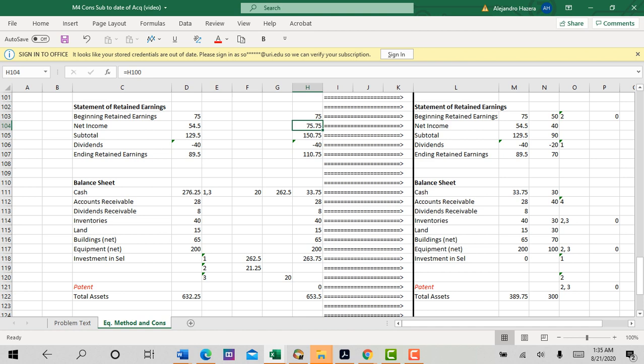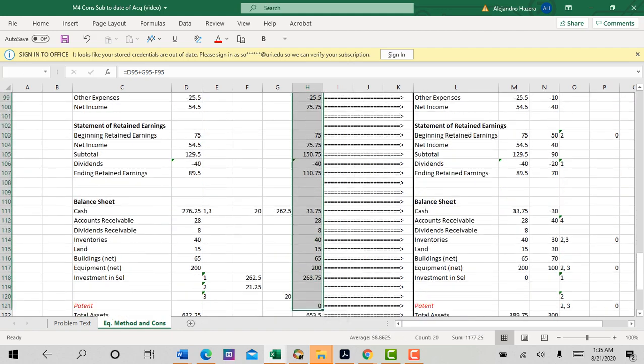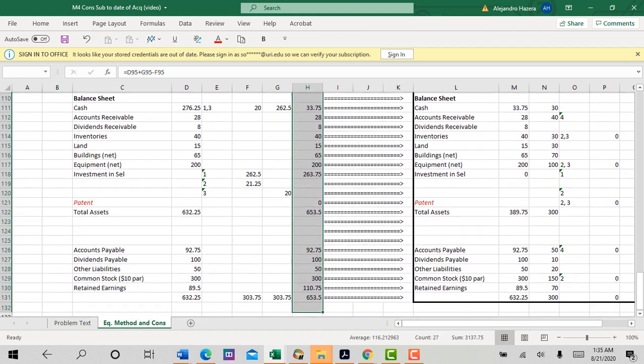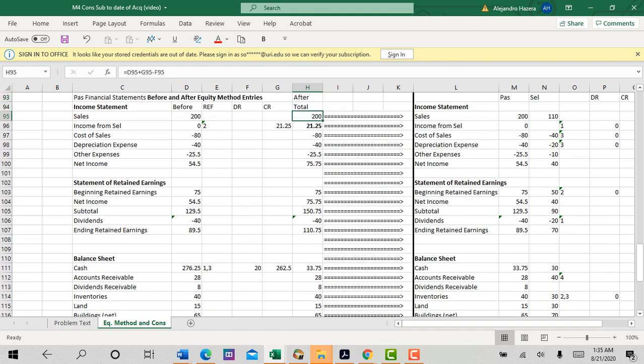If not, we'll fix it in the next video. The financial statements we consolidate are these right here with a balancing total of 653.5. The reason I have these arrows here is I'm saying that these statements, the 221.25, should be these statements over here. So let's make that equal to that right there.